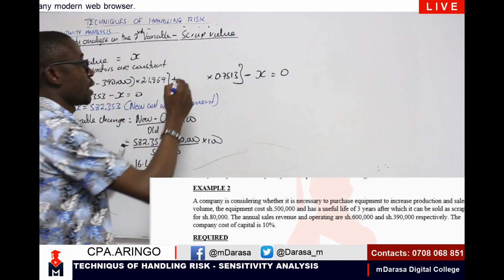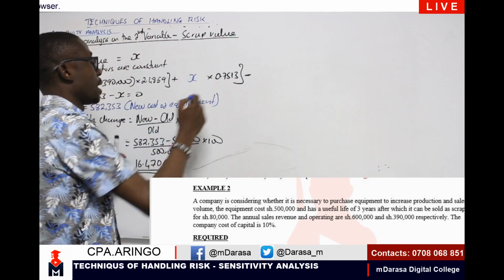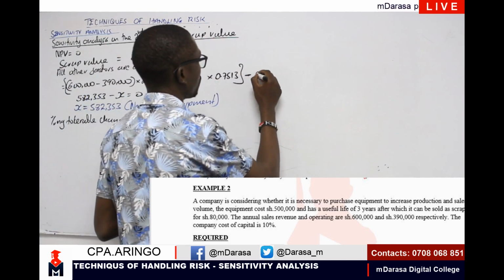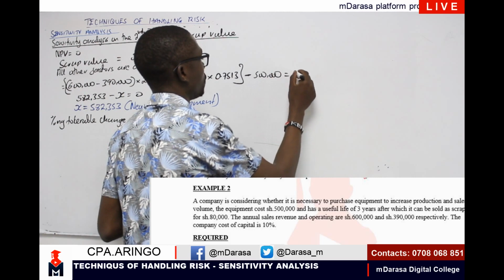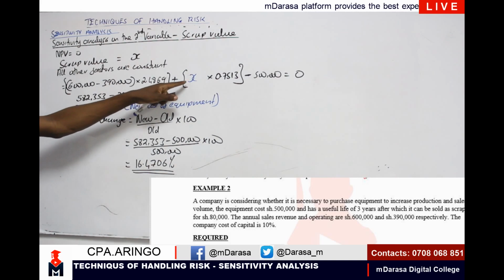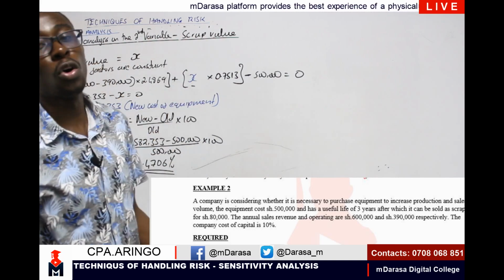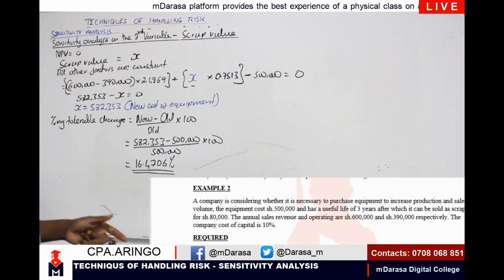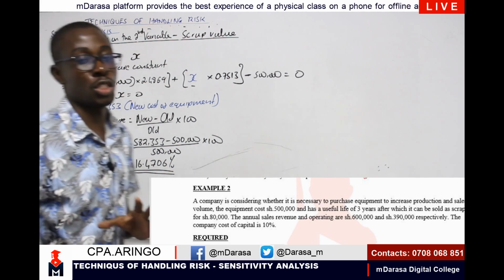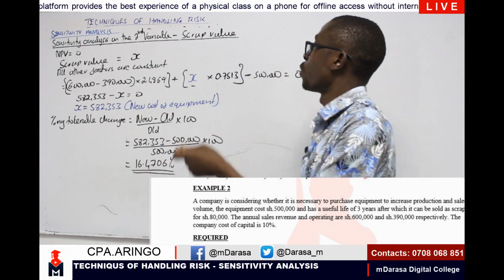Our initial outlay will be what we had earlier on, which was 500,000, and my NPV is equal to 0. I want you to work out the value of X. Then, using the same concept, determine the percentage tolerable change, just the way we've done here, and do the same for the third variable.